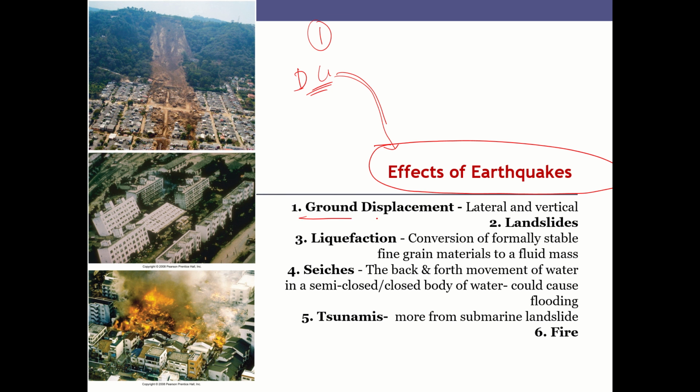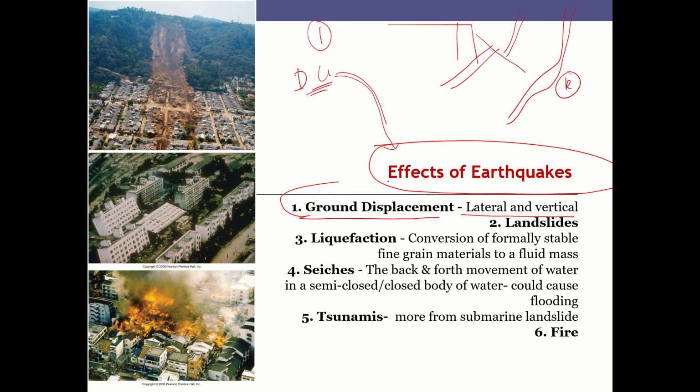One is called ground displacement. This is lateral or vertical movement. Okay, there's a lateral movement. I think in one of the images I showed, let's say this is the access road, and because of the movement, maybe there is a shift in the landmass.